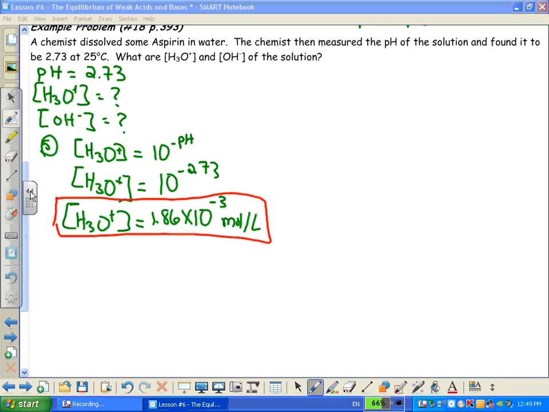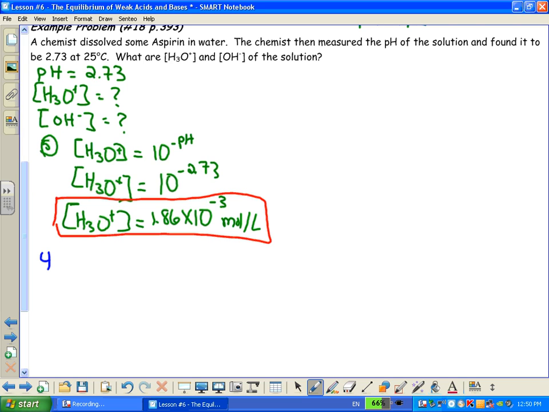So there are a variety of ways that you can take to get to your hydroxide ions. I'll show you one way first, and then show you a different way you could have taken in order to get to the same answer. So the next equation we're going to use is equation number 4, and equation number 4 is pH plus pOH is equal to 14.